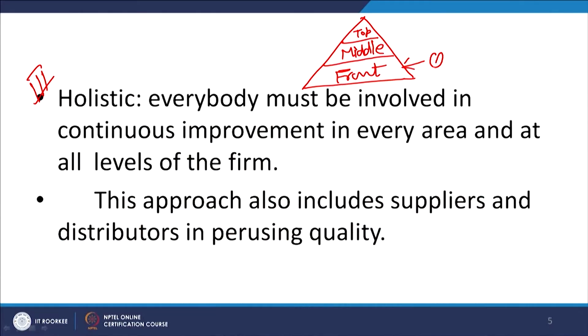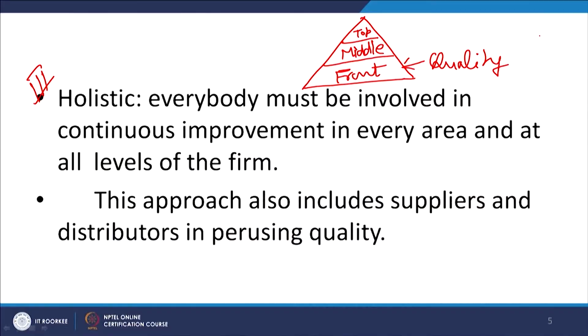Initially quality was more or less the responsibility of these people, but when I say the holistic approach to quality, now all three levels are responsible. In the strategic aspect of quality, we discussed that top management commitment is very important.